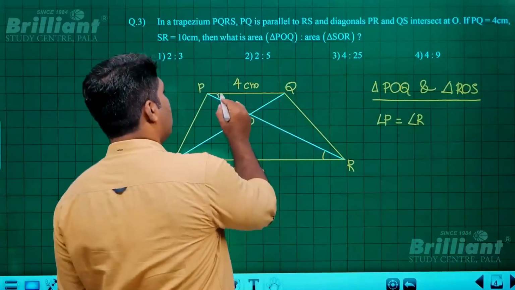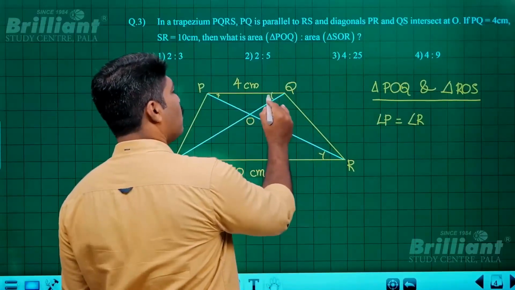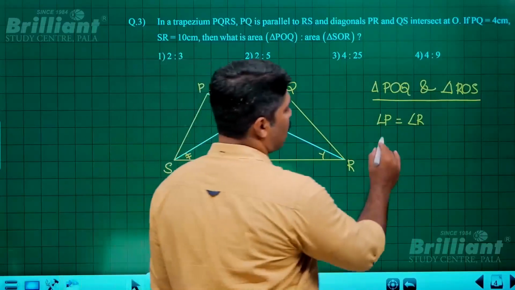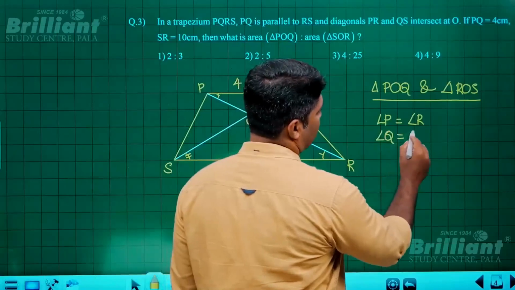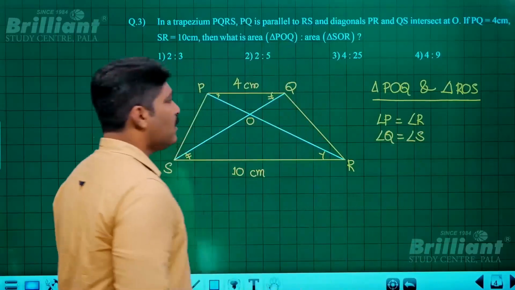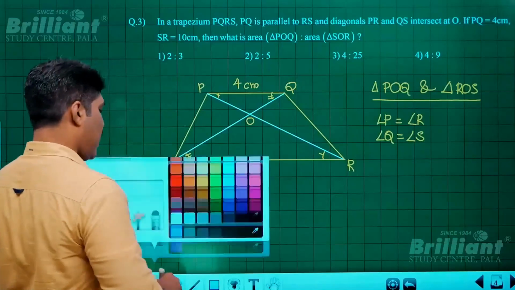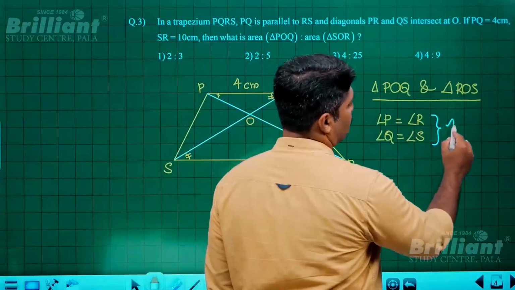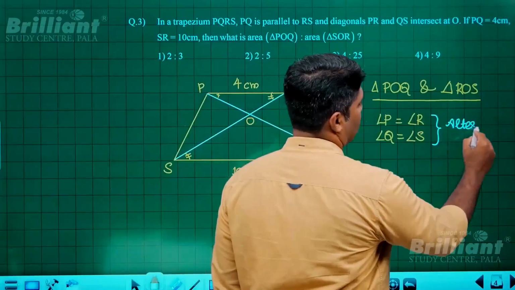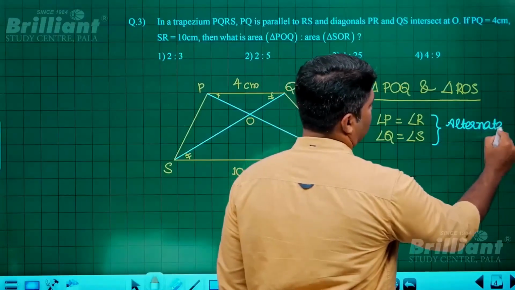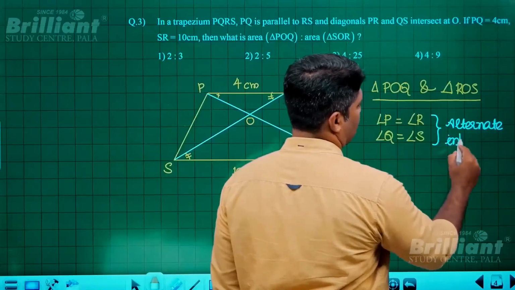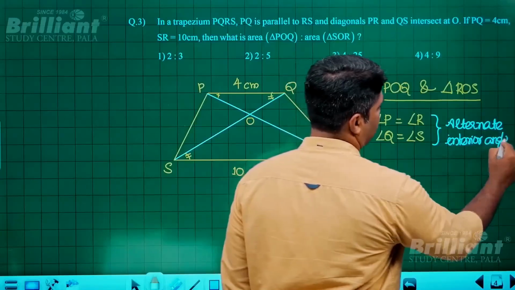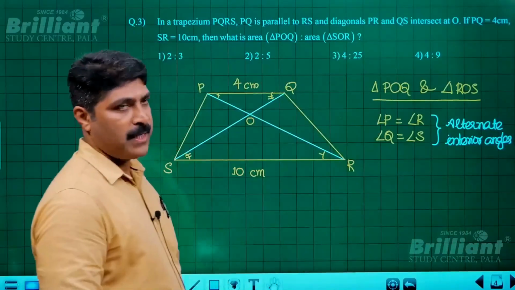Similarly, angle Q is the same as angle S. That is also alternate interior angles. So the reason for those two conditions is alternate interior angles.